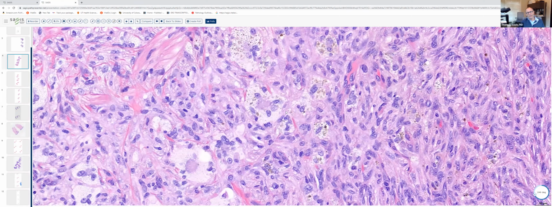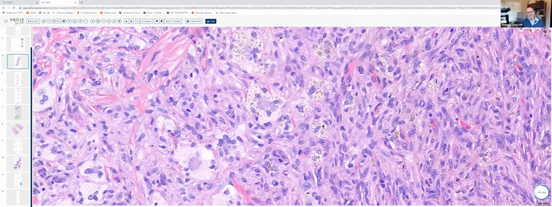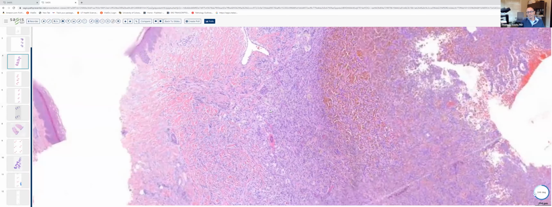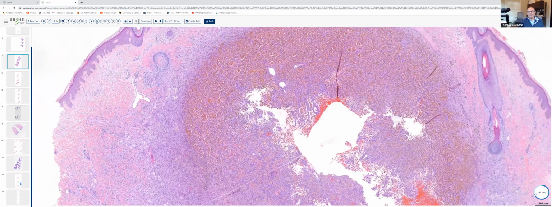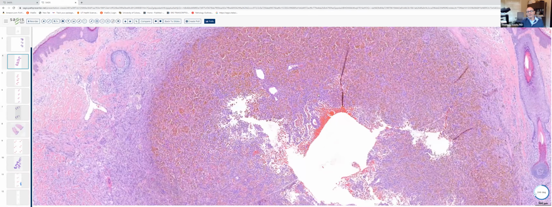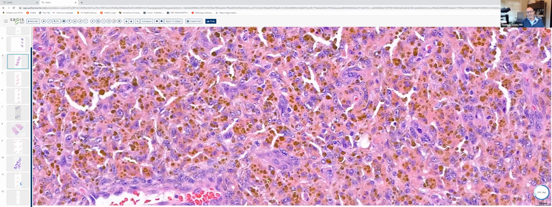And these are particularly common in this particular lesion that we're looking at. Moving towards some more cellular areas, we do see that we've got a lot of pigmented histiocytes here. The pigment present within these histiocytes, as suspected, is hemosiderin. If you notice, it's got kind of that golden brown color.